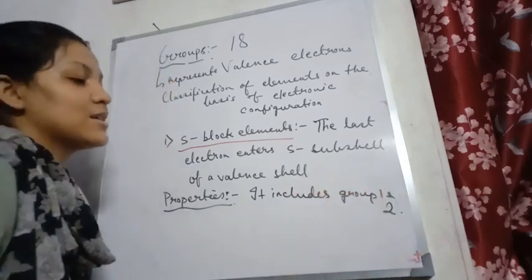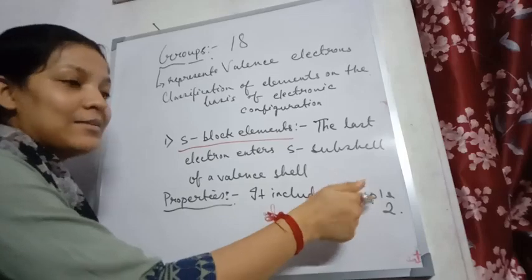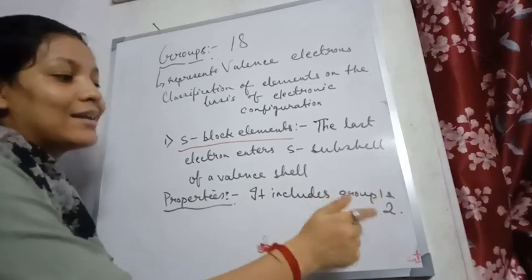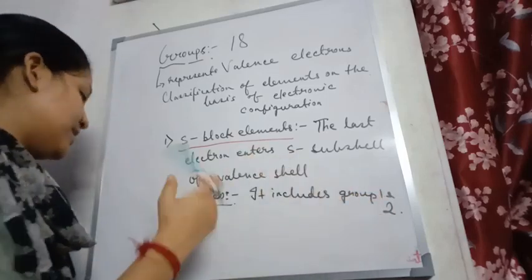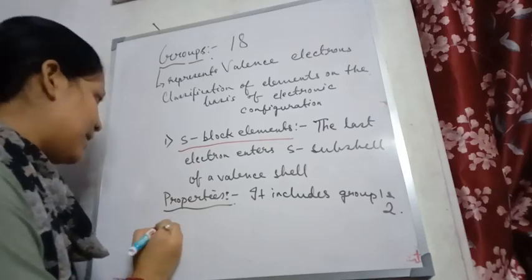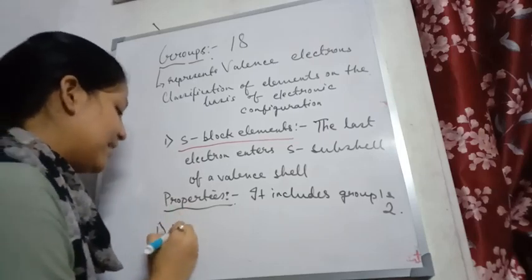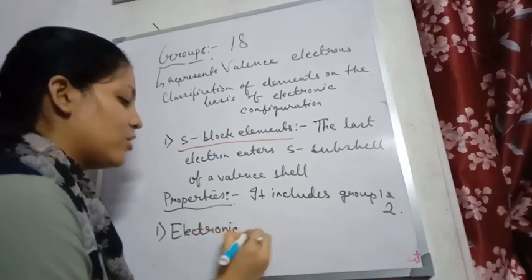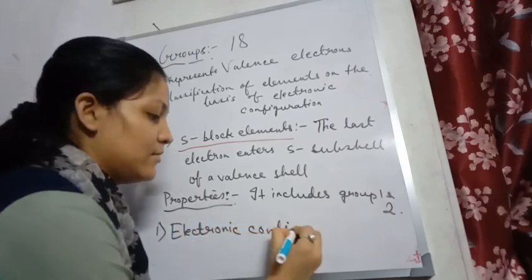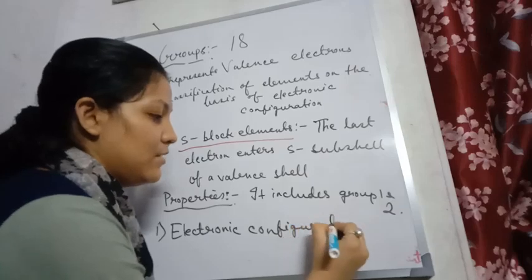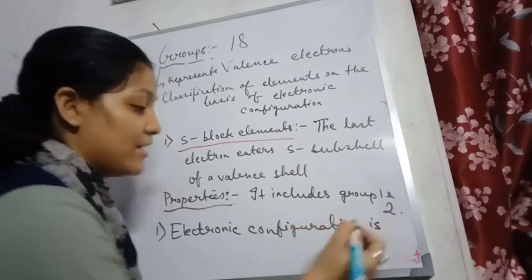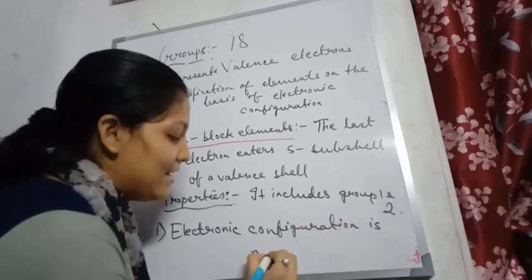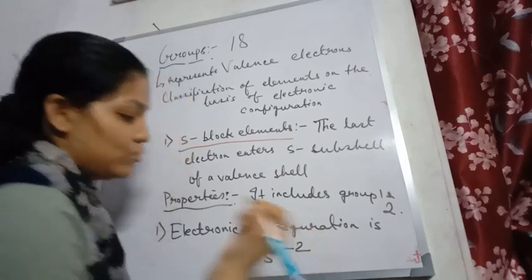Group 1 is your alkali metal group and group 2 is your alkaline earth metal group. Number 1, their electronic configuration is ns1 to 2.